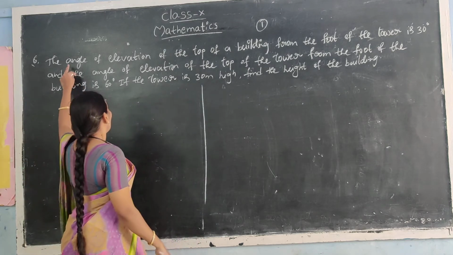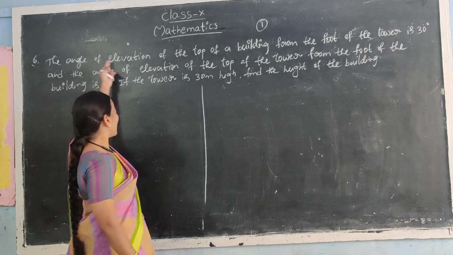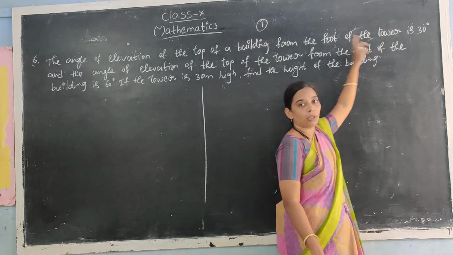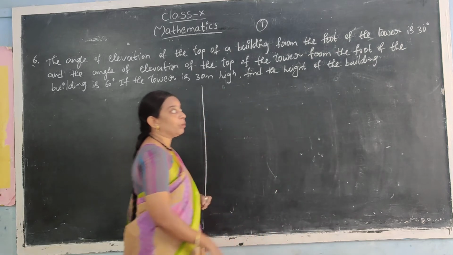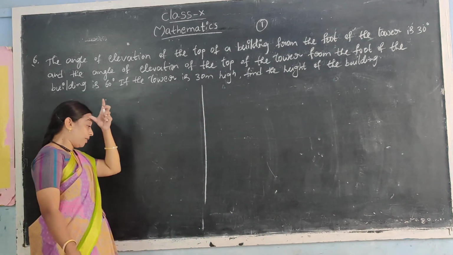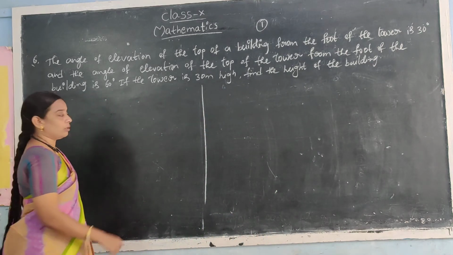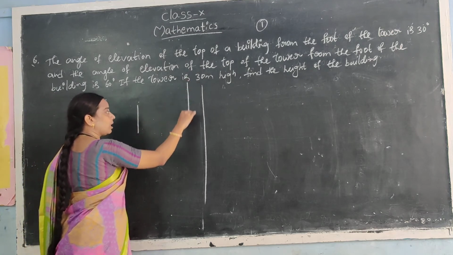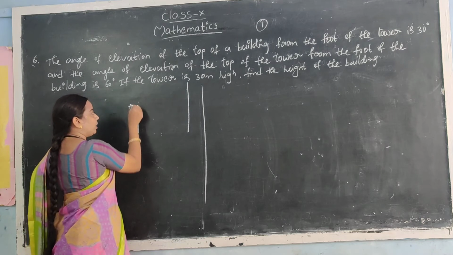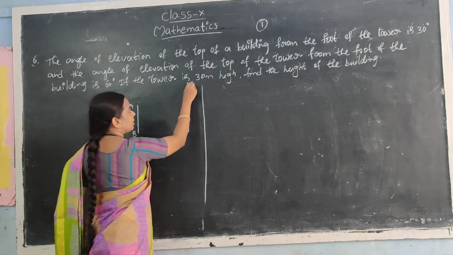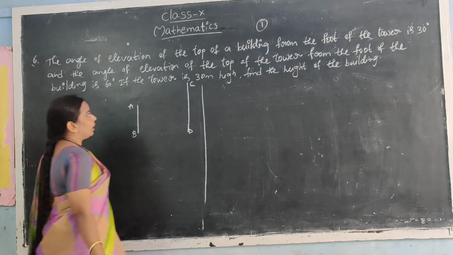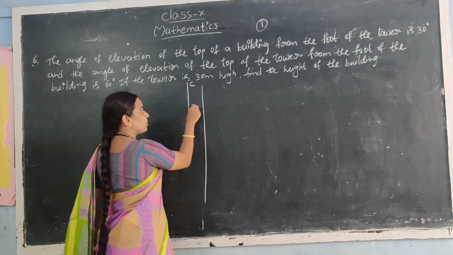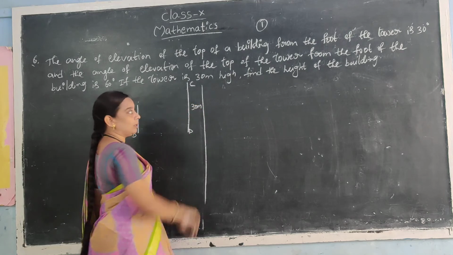See that first sentence, angle of elevation of the building. This is the building, and this is the tower. Let the building be taken as AB and the tower as CD. If the tower is 30 meters high, that's why 30 meters height is given here.